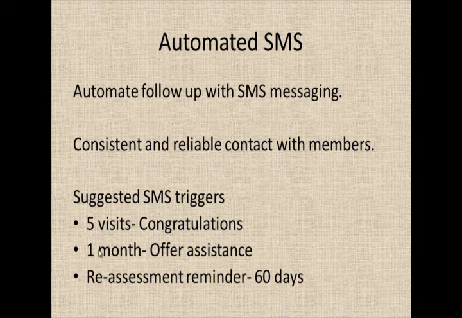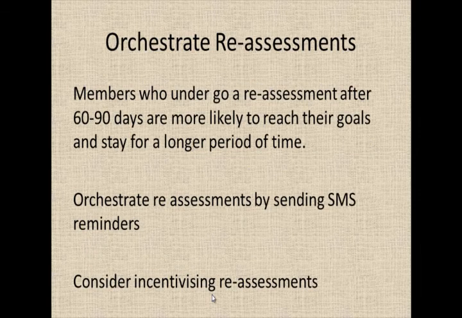Other triggers that we can suggest are 1 month. So when a member gets to 1 month after joining, you can offer them some kind of assistance. So by prompting them, they might take up that offer for assistance and get the assistance they need to keep moving forward. Another great one is reassessment reminders, which we'll turn our focus to now.